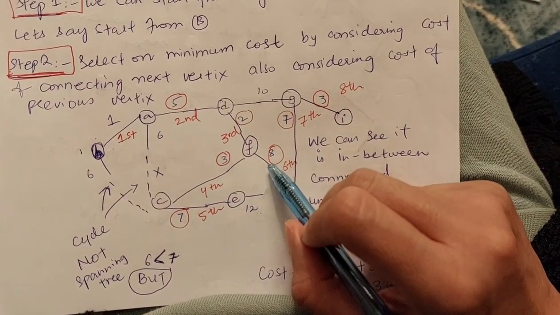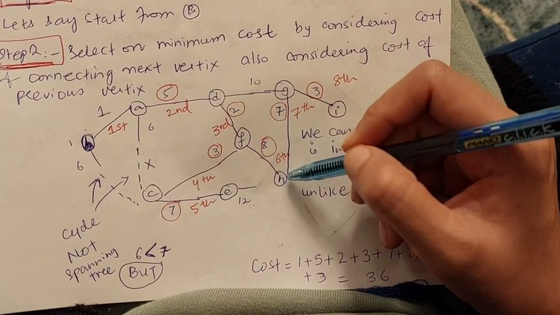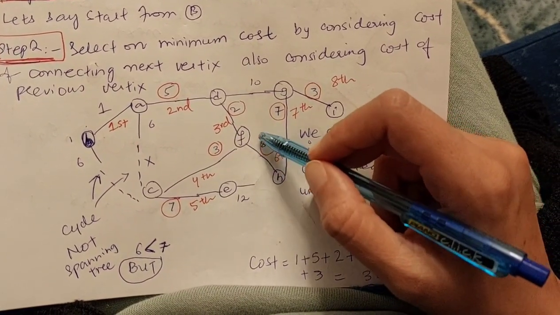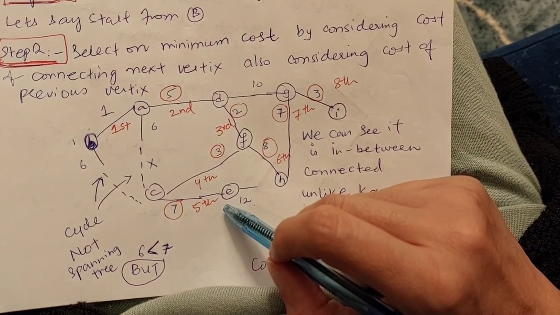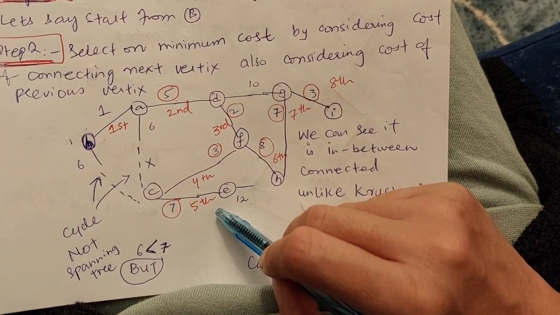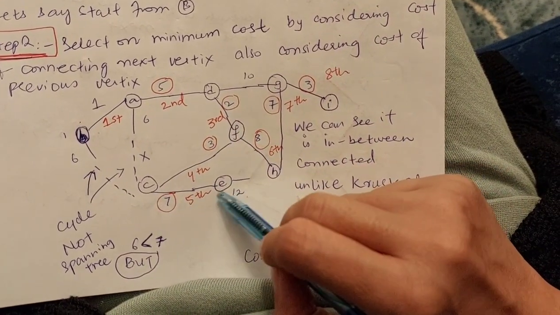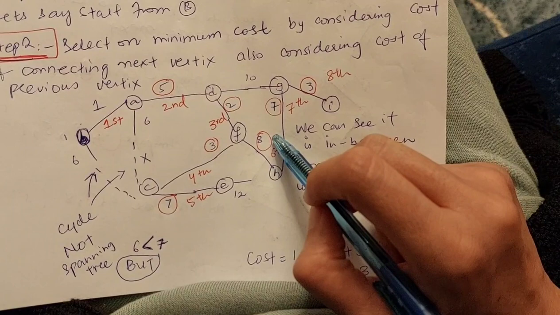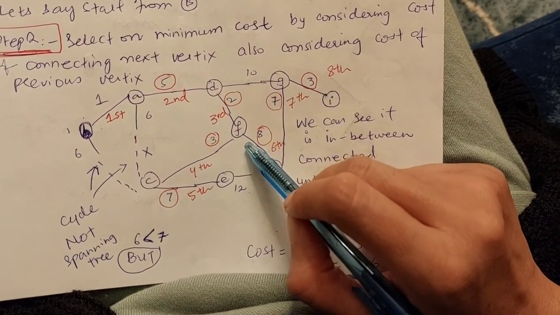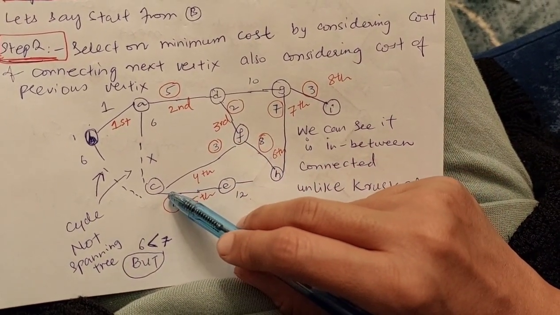For example, when you were connecting F with H, you consider that there is a cost 8 over there, and there was a cost 7 over there, and you didn't do that. You did this one because it was lower than that. So you do not only consider the latest node connections, but you also consider the previous nodes' connections.